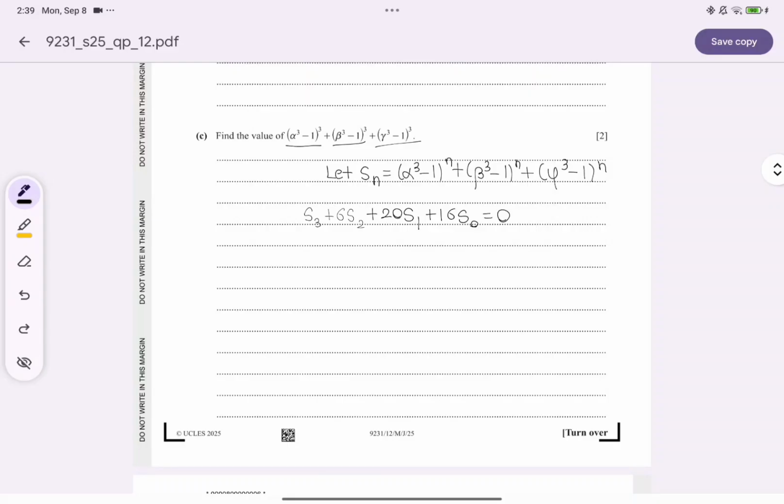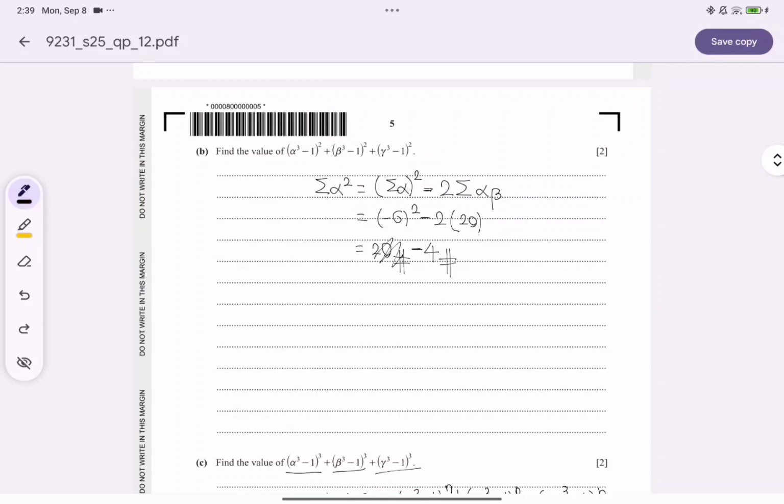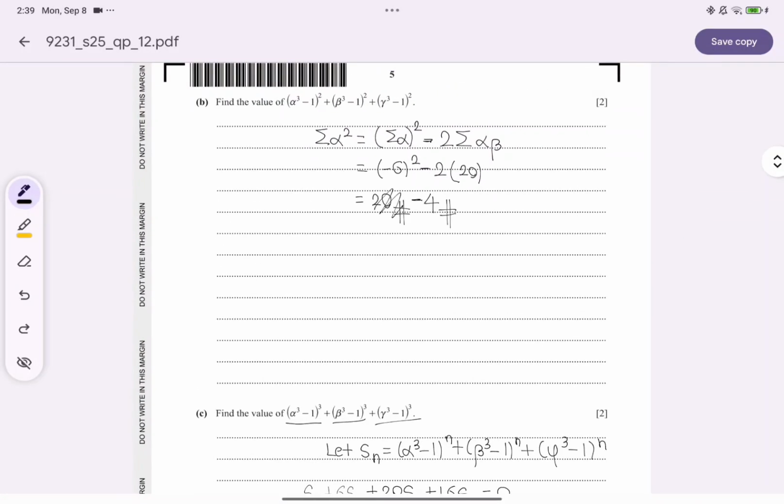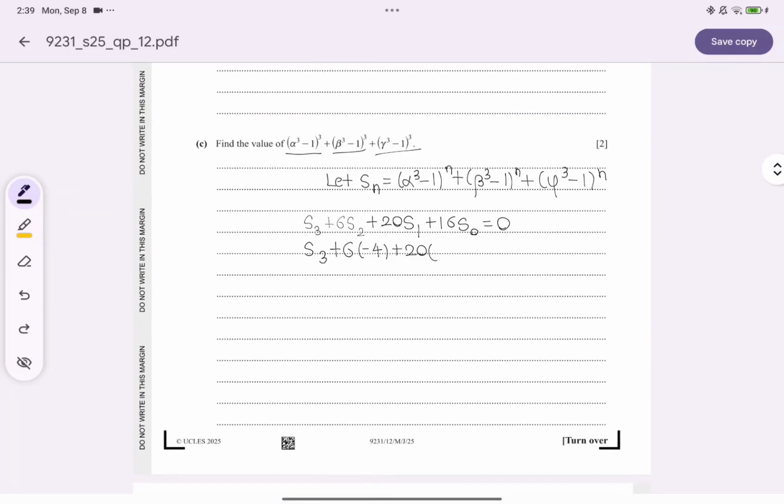So we want to find s3, if you can see from here, and we already know s2, which is our previous answer in here, that's minus 4, plus 20 times s1. S1 is just the sum of our roots, which we also found in our previous part, that's minus 6. And s0, if you substitute n equals to 0, you'll get 1 plus 1 plus 1, which is 3.